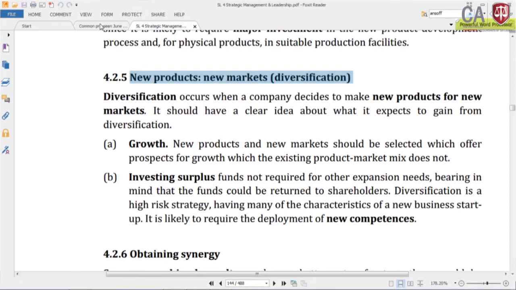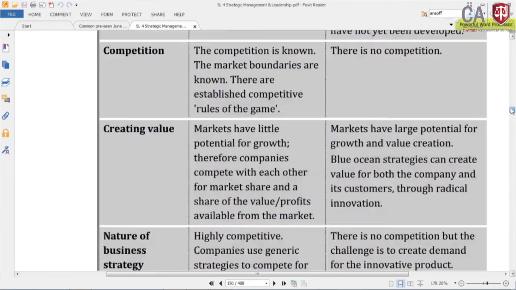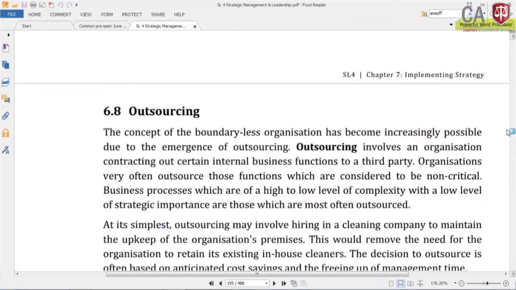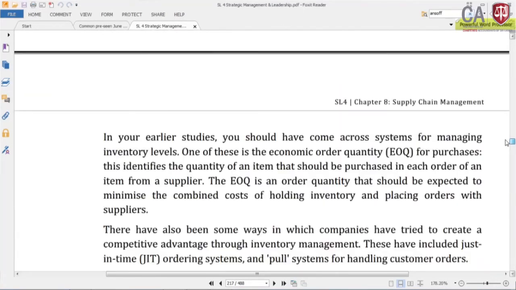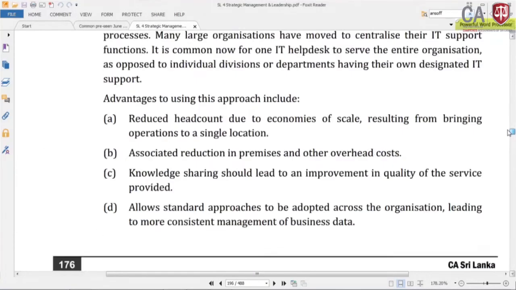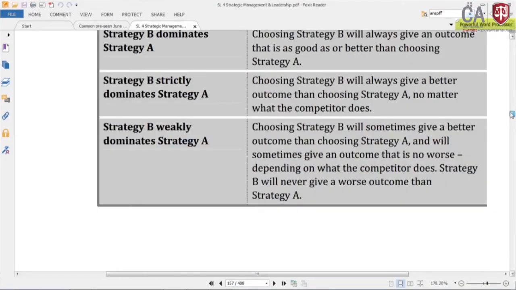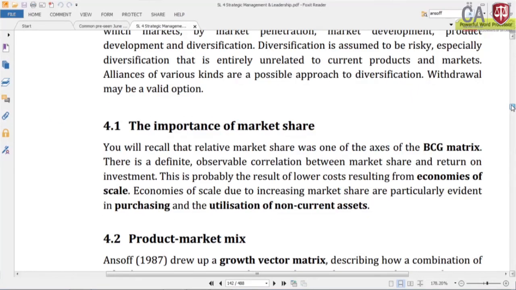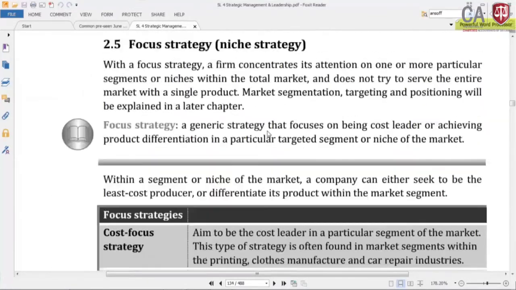So what is the application of Porter's generic strategies? We look at the theory part first.